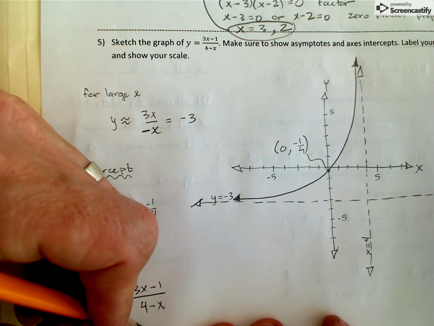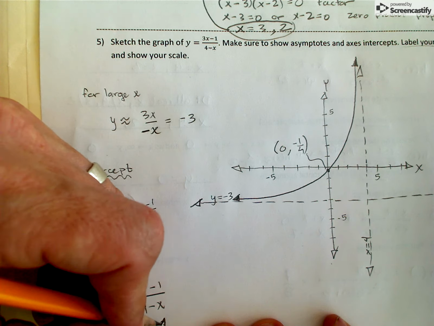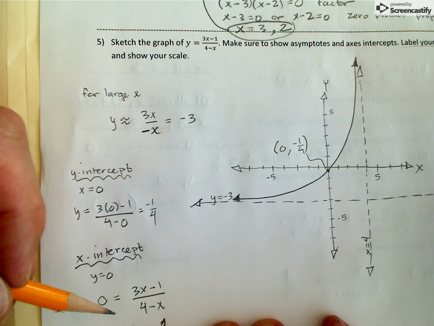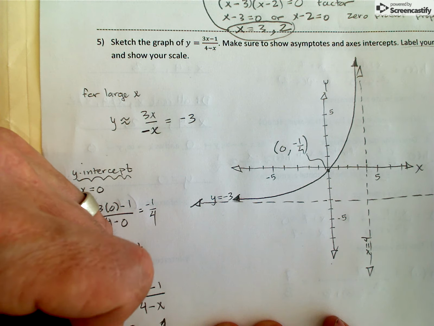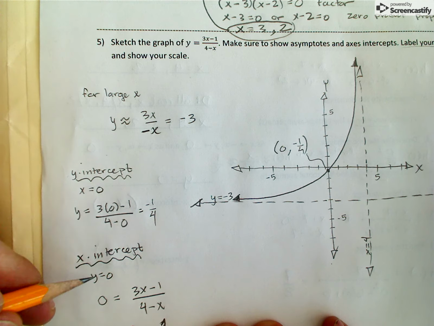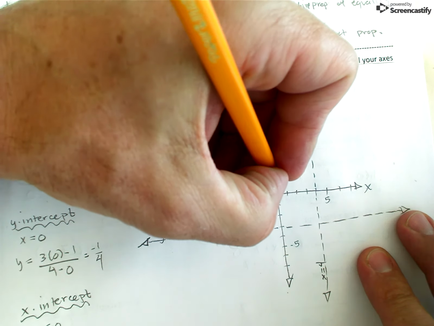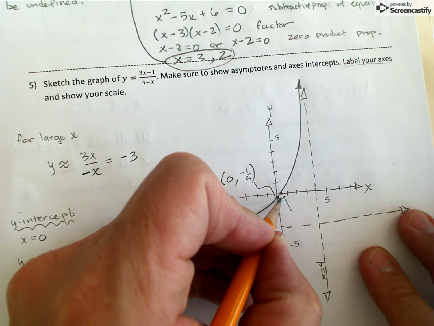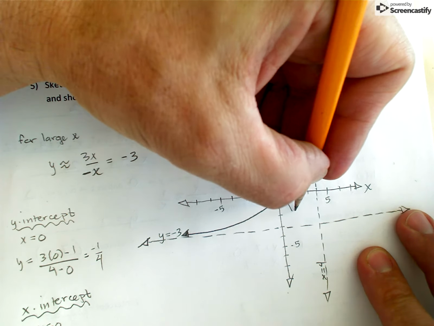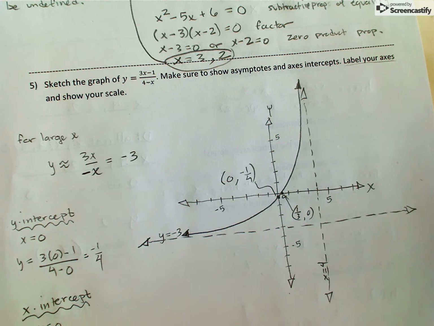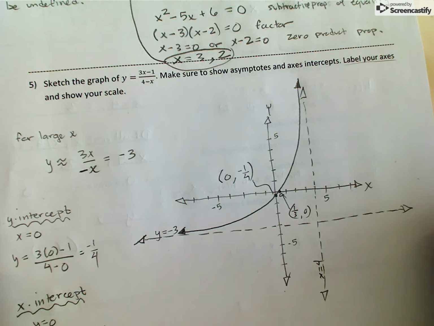So really the equation that I'm trying to solve here is 3x minus 1 equals 0. Okay, so solving this equation using the properties of equality, I get x equals 1/3. So when y equals 0, x is equal to 1/3, and that's right about there. All right, so I'll just label that point 1/3, 0. And now I've got my x and my y-intercept.